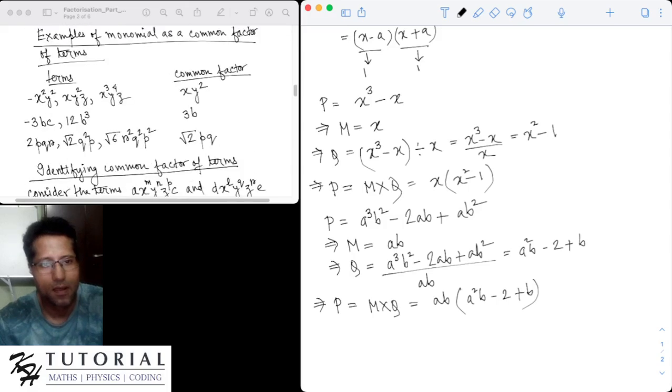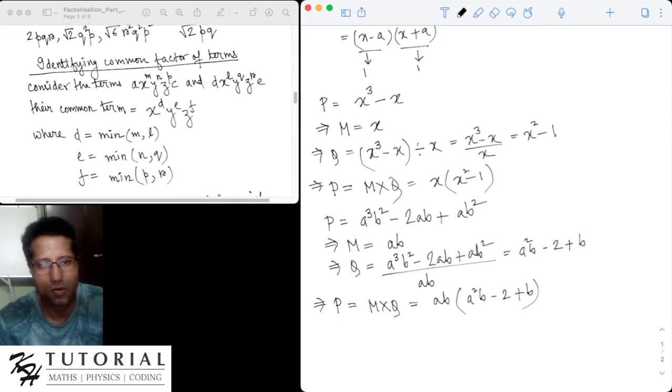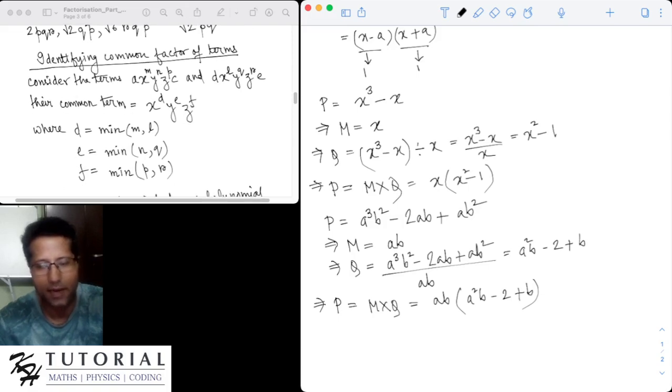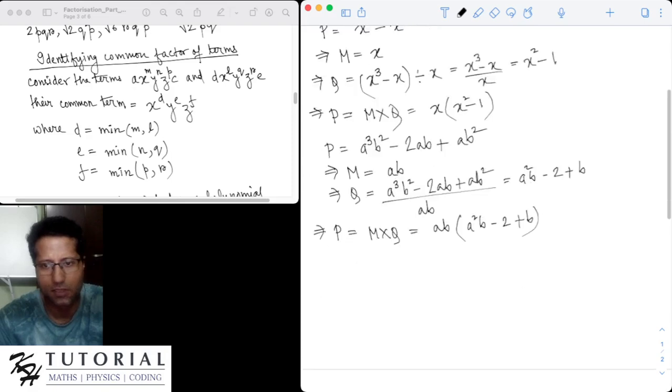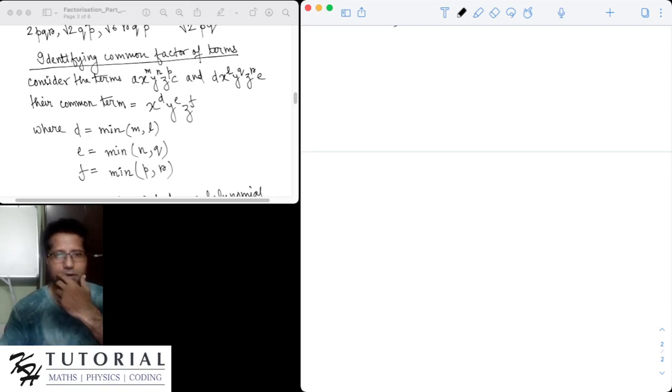Now, next is how you actually identify the common factors of terms. I hope you are already aware of the concept of how to identify the common factor of a few terms. The idea is that first you have to identify.